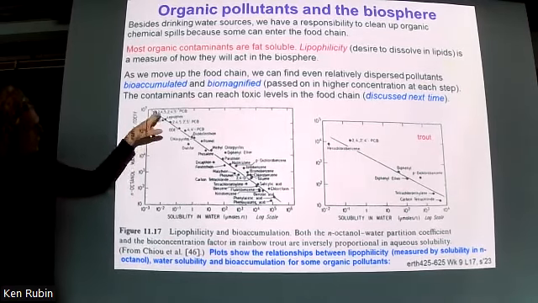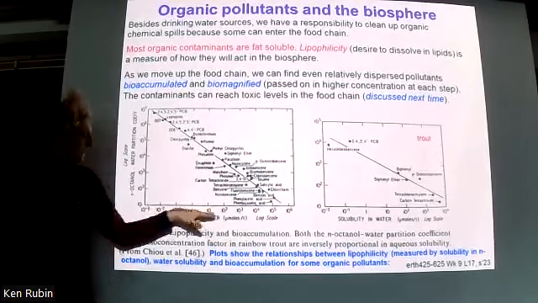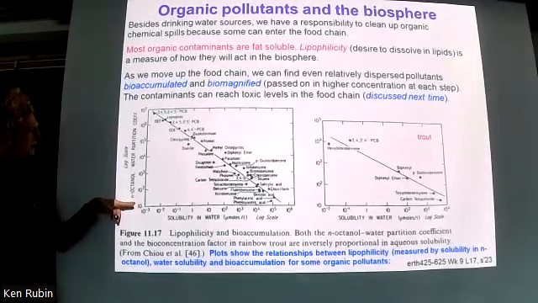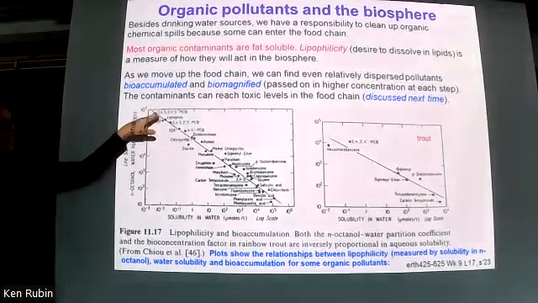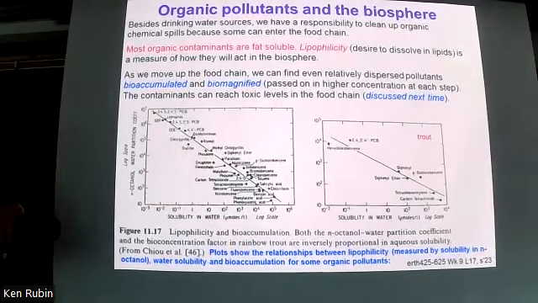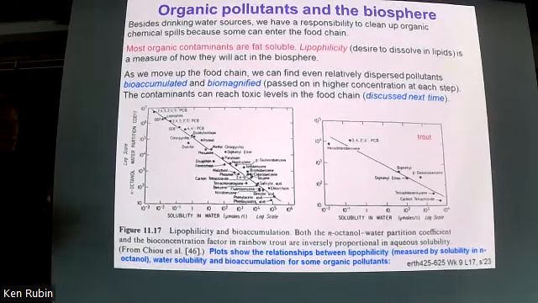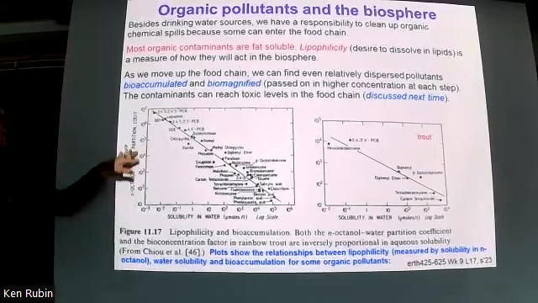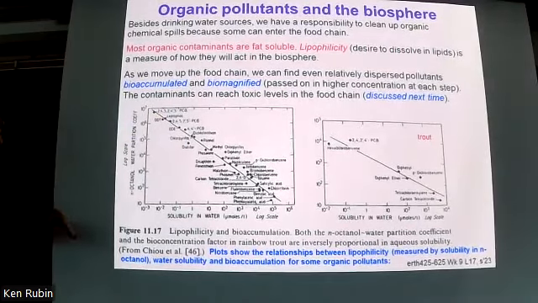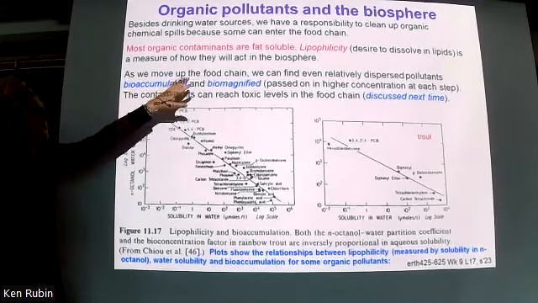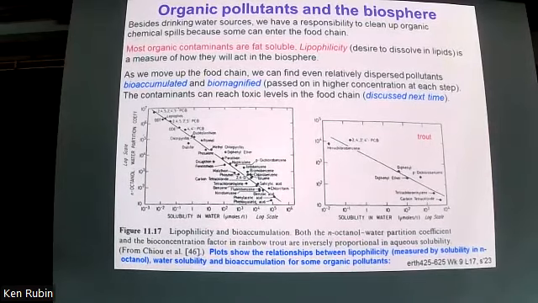And what we find for a whole bunch of different organic chemicals is that if it's really soluble in water, it's got a really low N-octanol solubility or lipophilicity. And if it's really insoluble in water, it's got a high value. So think about NAPLs that we just talked about, or some of these other organic chemicals. The ones that don't dissolve in water and distribute very far and wide are more likely to be bioconcentrated in organisms. And next time we're going to talk about the difference between what we call bioaccumulation and biomagnification and the impacts on ecosystems of their introduction.